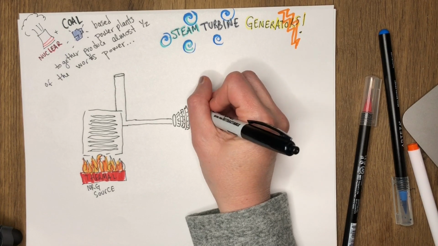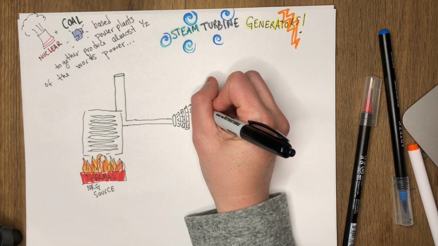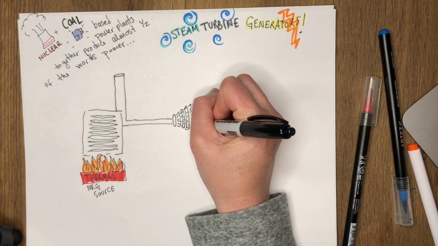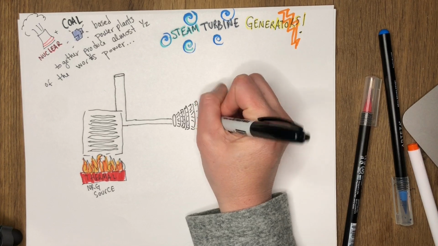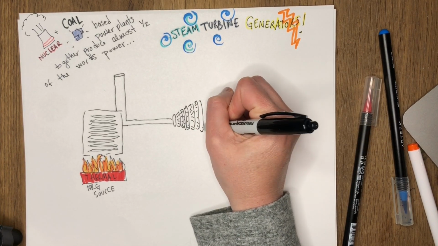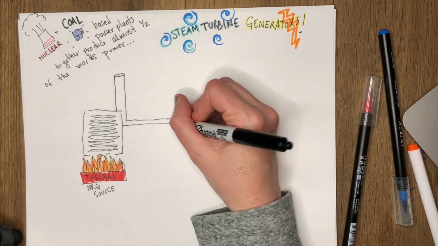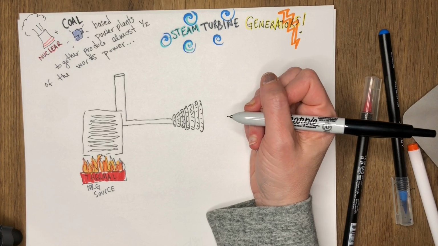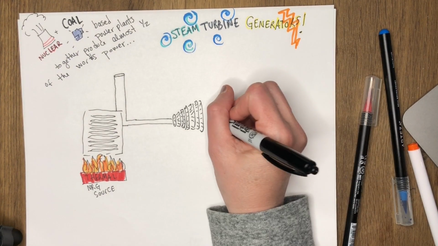And in real life, this would be a massive, massive structure, the size of a room, where the blades themselves are increasing in size and they're changing in shape as you move through. The physics of it is actually very complicated, and I'll post a video about it if you are interested in the physics of it.